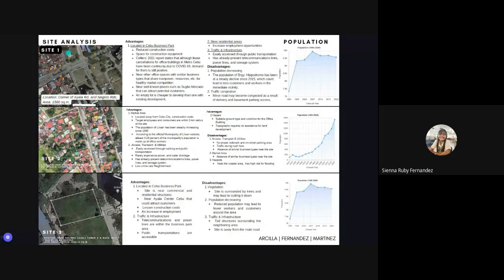For the disadvantages, the site is surrounded by trees, so it may lead to cutting them down, and its population is decreasing, the same as in Site 1, since it is located in Hippodromo, which has had a steady decline since 2015, and will lead to fewer workers and customers around the area. As for traffic and infrastructure, tall structures surround the neighboring area, and the site is away from the main road.